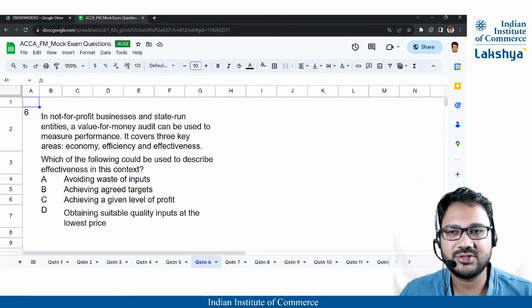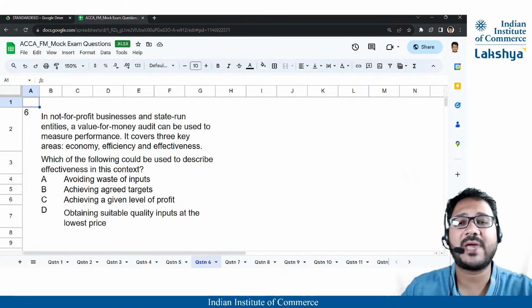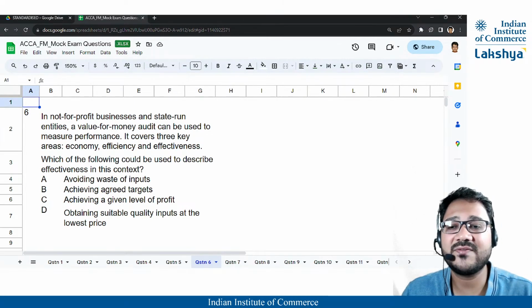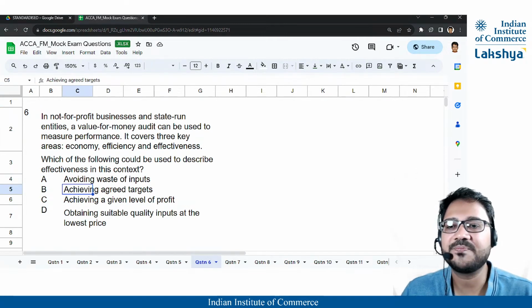Economy has to do with minimum cost, so the cheapness. Efficiency has to do with minimum input, maximum output. And effectiveness, let's see. Avoid wastage of inputs, now that is economy.